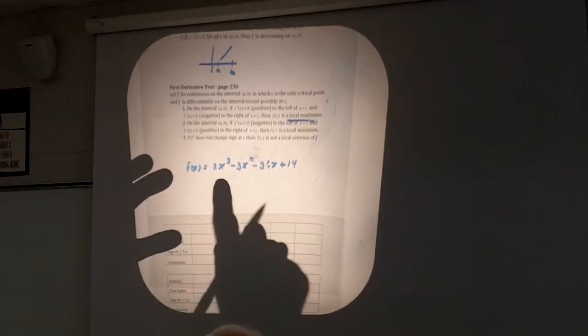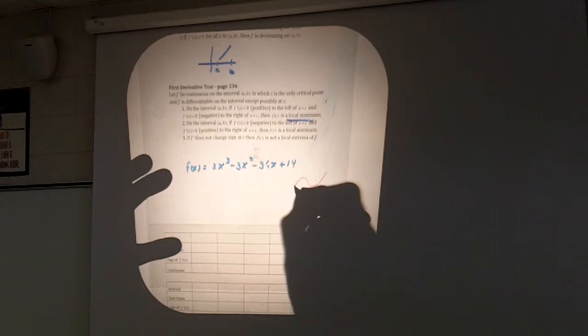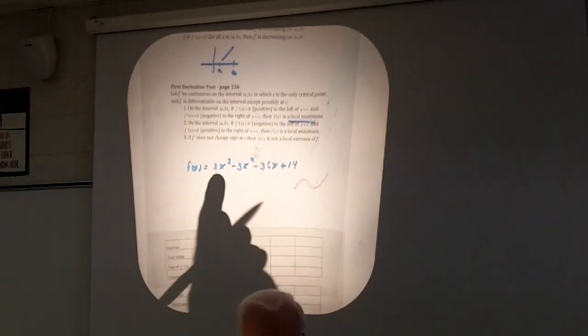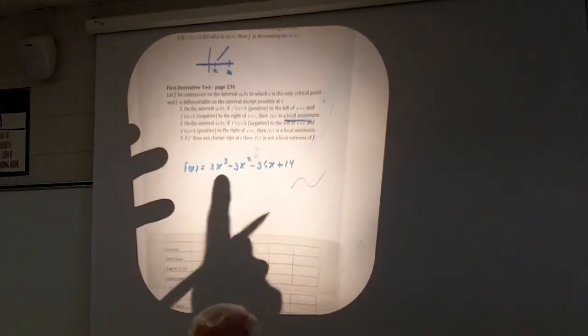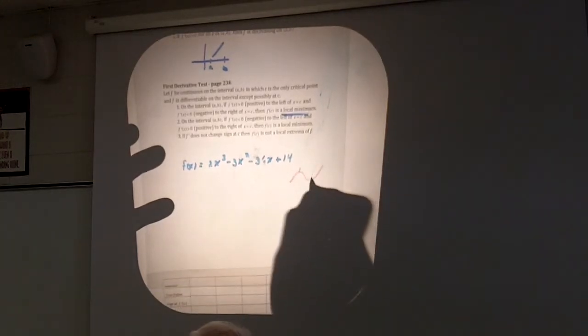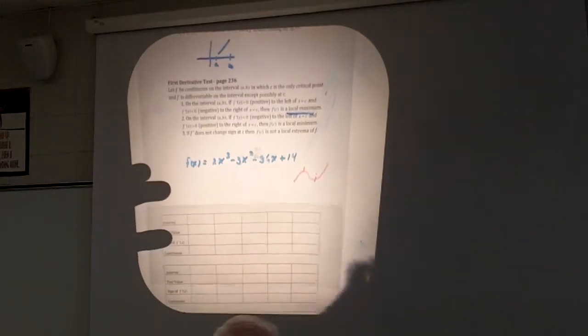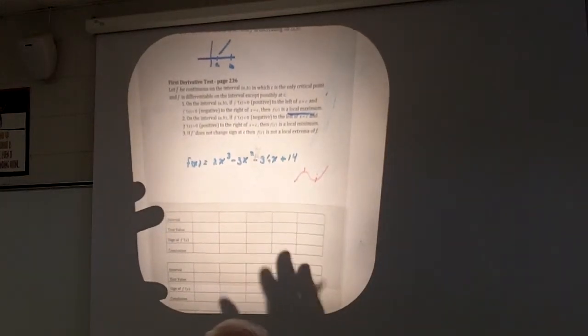It's a third degree, and you notice the leading coefficient is positive, so it's going to be a function that looks like that. It's a third degree with a positive over here, and you should know this. So we're going to expect a max here, a min here. That's just playing with some things to make life easier.